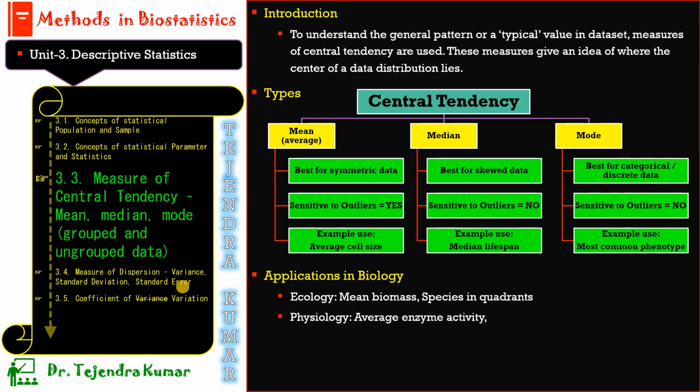For example, in physiology, average enzyme activity or average body temperature. In genetics, the mode of allele frequency in a population. In medicine, median survival time in clinical studies, etc.